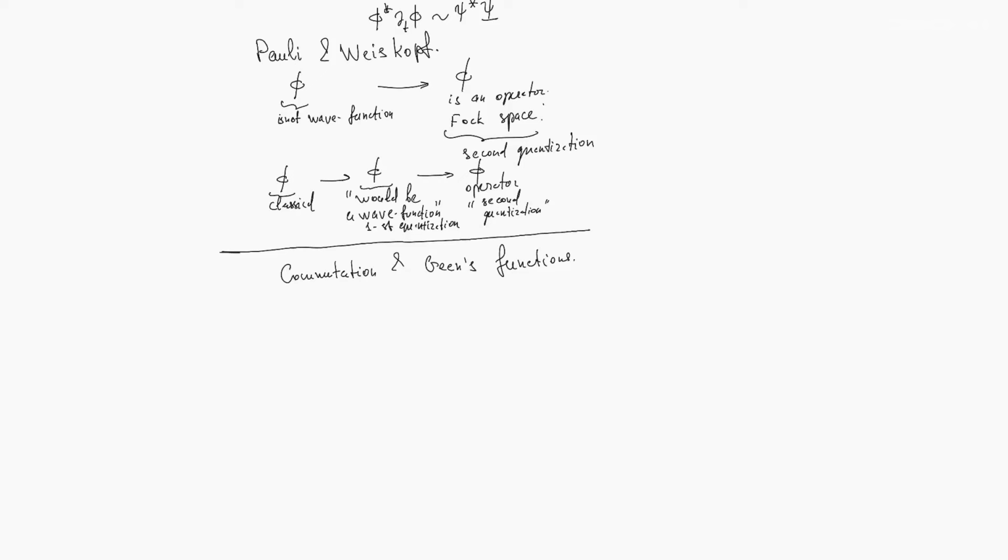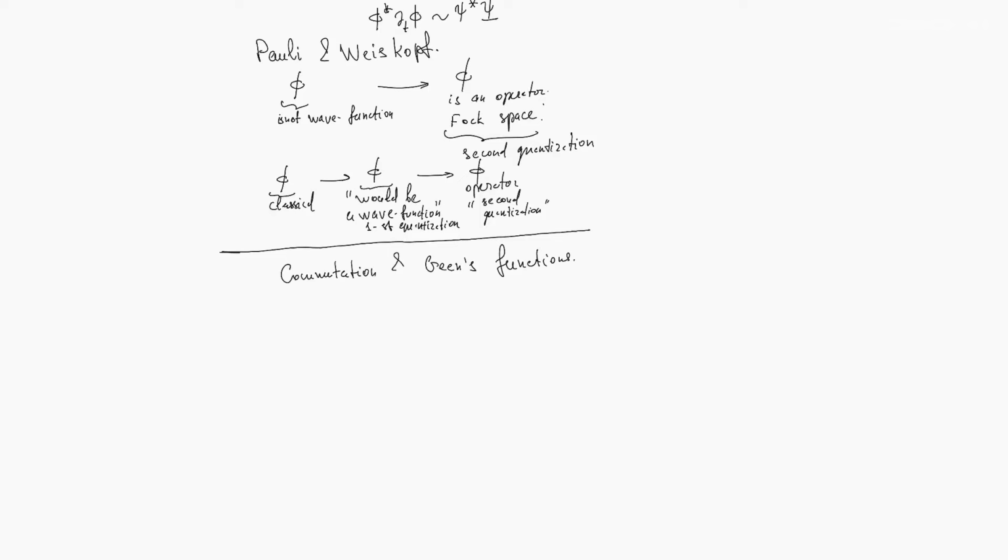But before I do that, I start from solutions of the Klein-Gordon equation without sources. And this is related to such objects as commutators of quantum fields at different space-time points. Since we are talking about commutators, sometimes these functions are referred to as commutation functions.